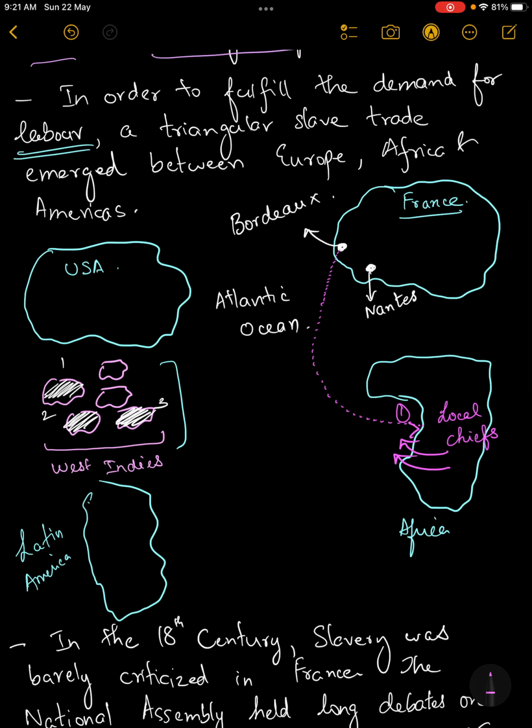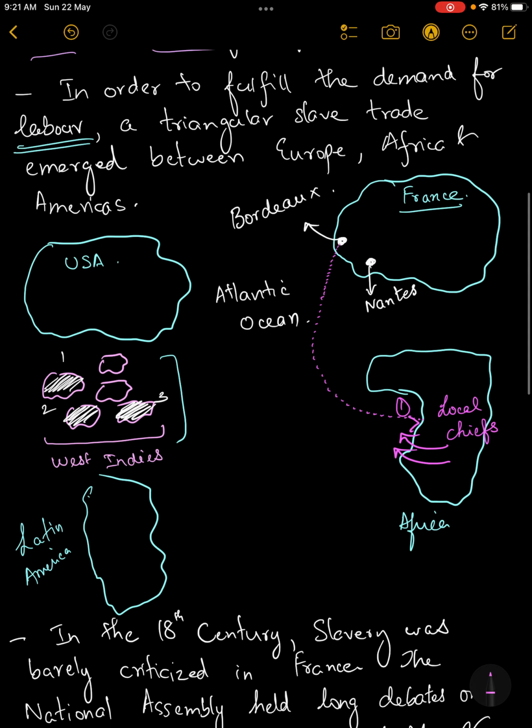Now once they used to purchase those slaves from these local chiefs, they used to put them back on ships in an extremely inhumane manner.